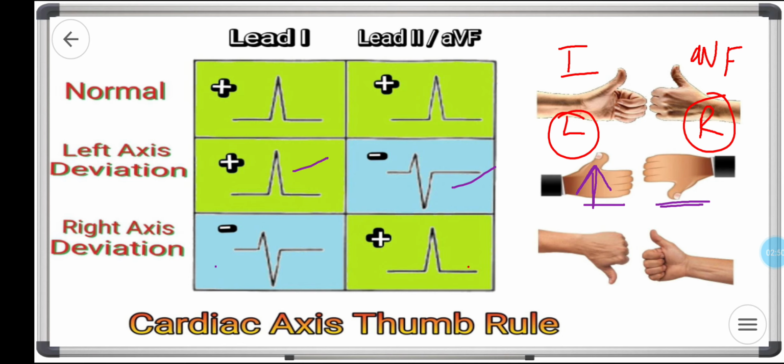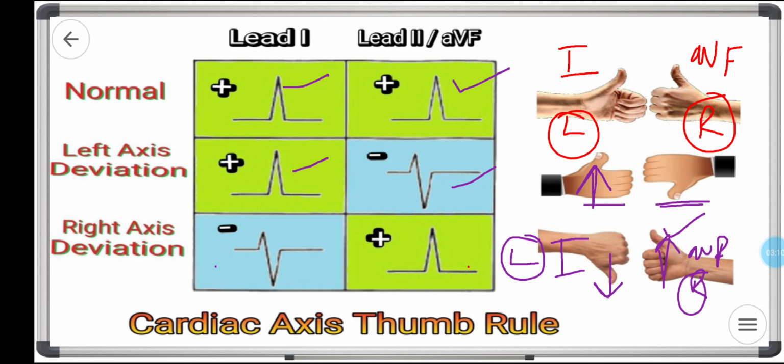Now see over here that this was your lead 1, in your left hand. If the QRS is down here, but in AVF the QRS is up, so AVF is the thumb that's up, that's going to be the right axis deviation. Again, if both thumbs are up, both predominantly positive in lead 1 and AVF, that is the normal axis.